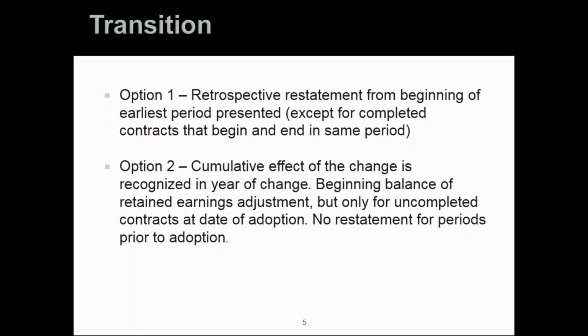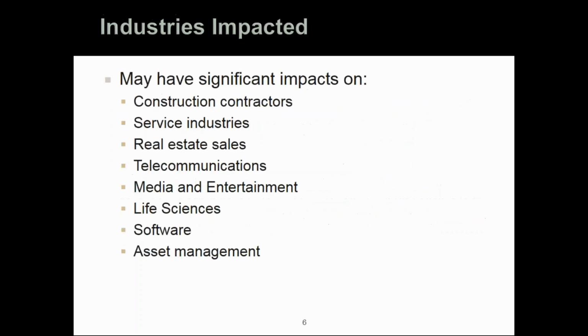Option two is a bit different. You would not restate 2018 for 2019 adoption. You would have a cumulative effect at the beginning of 2019 for certain contracts that were in process. I think that we're expecting that option two is going to be the adoption that most of our clients and privately held companies utilize when adopting this new standard.